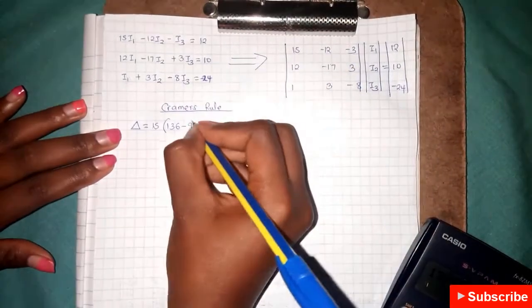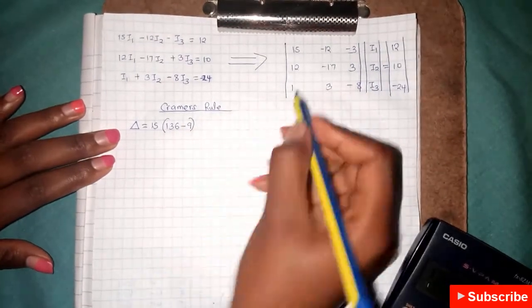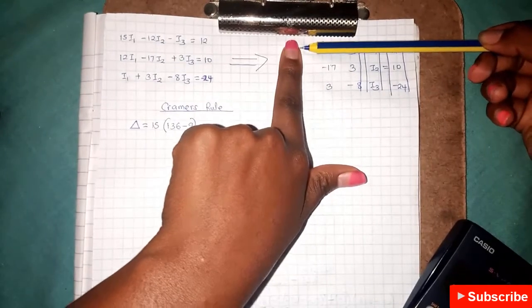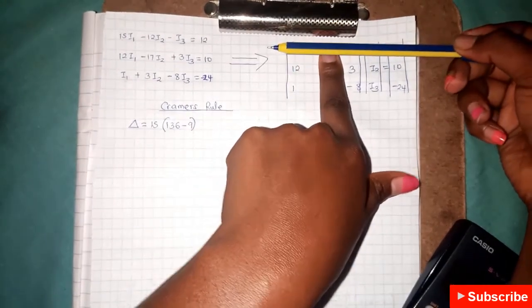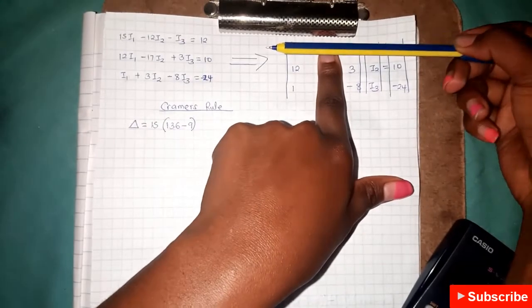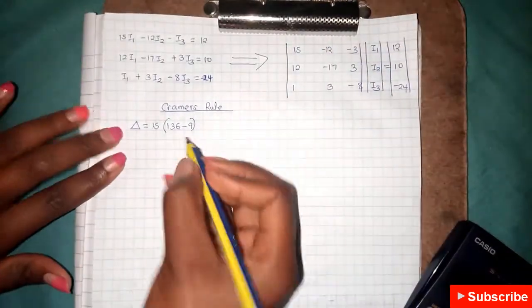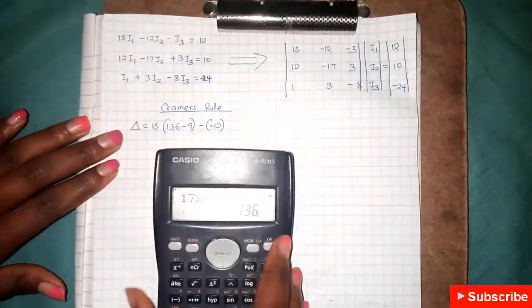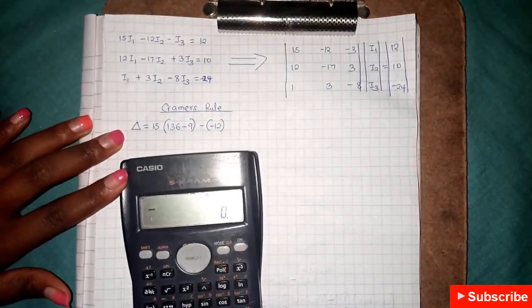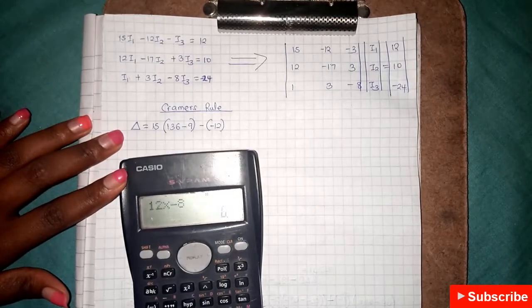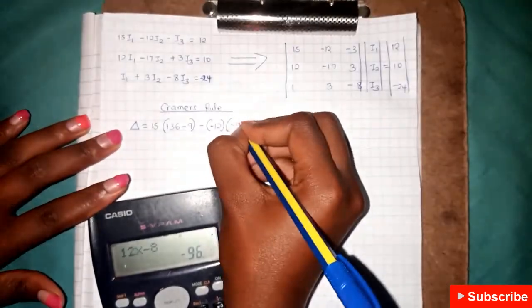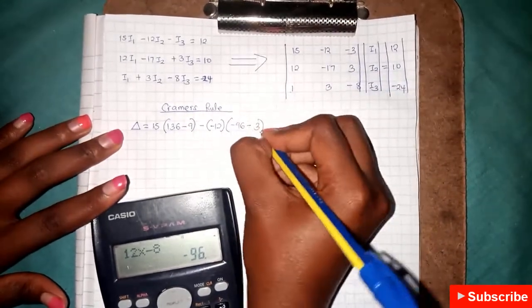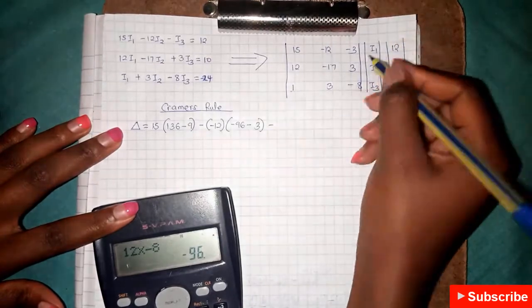So 13 minus 9, close this and close this. Okay, you apply it this way. On this second one, we close this, and so we're left with 12 times negative 8, and this. So this will be minus 12 times negative 8 minus, this should be 1.